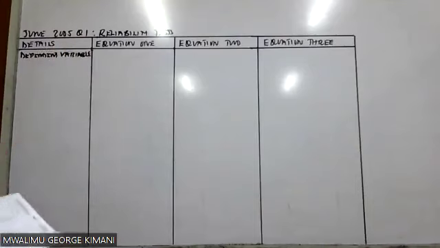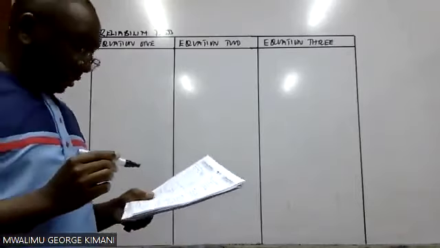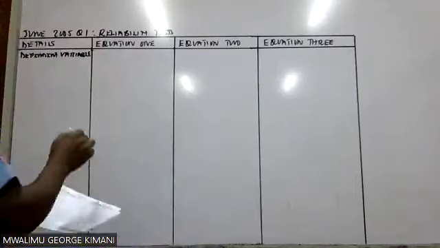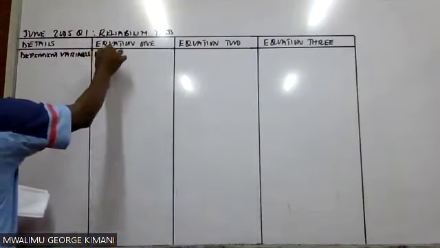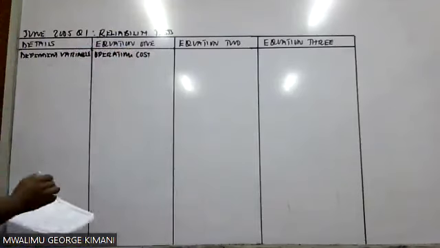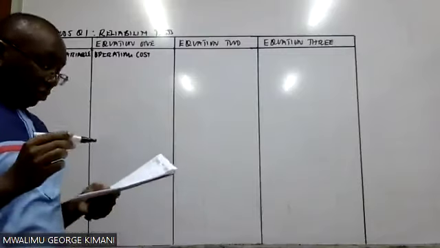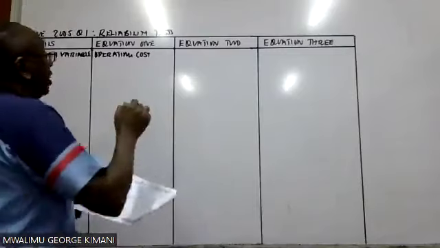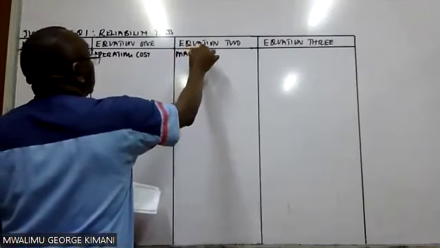Now in equation 1, the dependent variable is the operating cost. Remember that is our y. In equation 2, the dependent variable is maintenance cost.